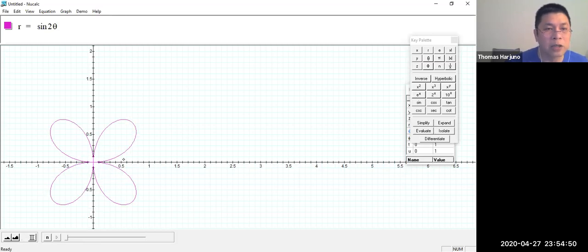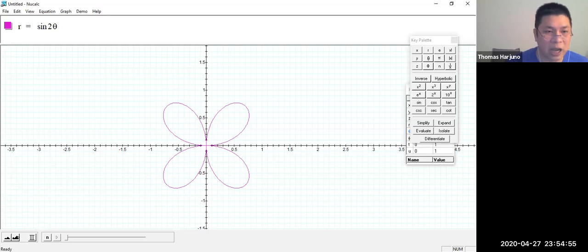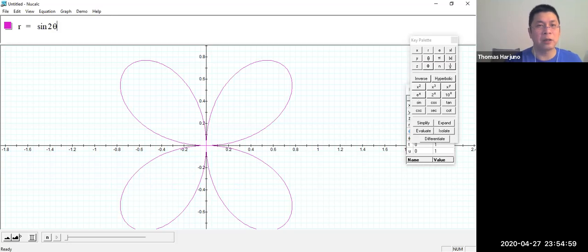Now, sine 2 theta depends on sine of theta, therefore it must be symmetric with respect to the y-axis. And you also notice that sine 2 theta can be rewritten in terms of cosine, therefore it is symmetric with respect to the x-axis too.